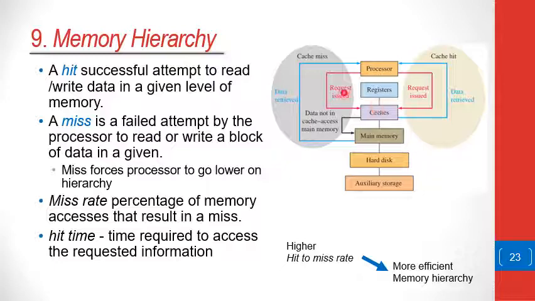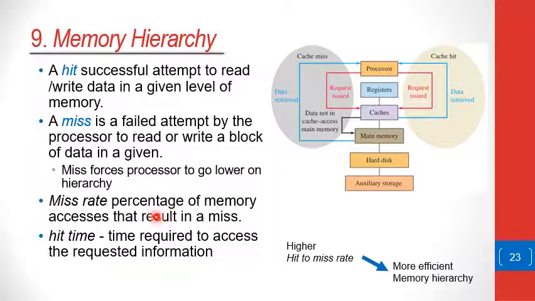The moment the processor does that, first of all, it has wasted time because it attempted to read or write a memory block which is not there, so it has to redo the request. Secondly, it now has to go a level lower, which means accessing a lower speed memory, so the access time increases. So this is not efficient.